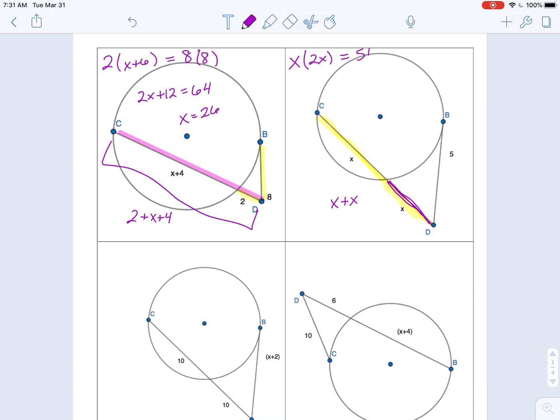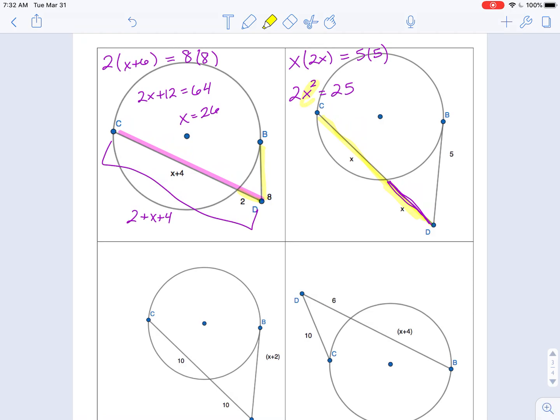It's x plus x, or 2x, equals the part outside the circle times the whole secant. Part outside the circle is 5. The whole secant is 5. So we're looking at 2x squared equals 25.